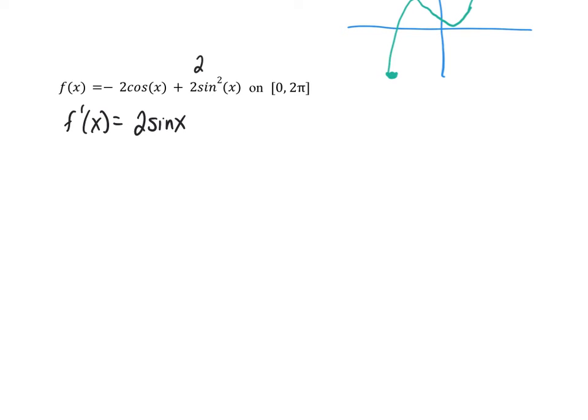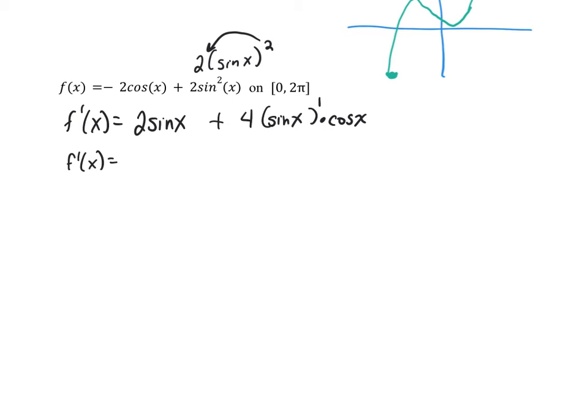If you remember the chain rule, this is essentially 2 times the sine x squared, so we have an outer function of something squared, so my derivative is going to be 4 times that something to 1 less power, because I'm bringing that down. But remember, we leave the exact same thing in there, which is sine x, but then the chain rule says I have to multiply by the derivative of that inside.